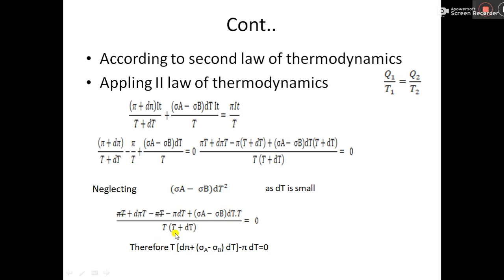Therefore this term goes to the right, so it is also 0. Remaining T of d pi plus sigma A minus sigma B dt minus pi into dt, that equals 0.